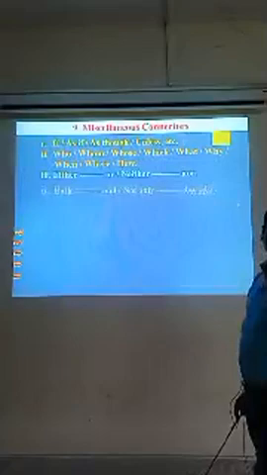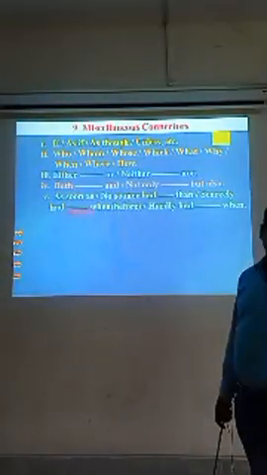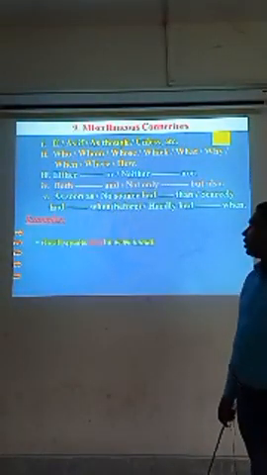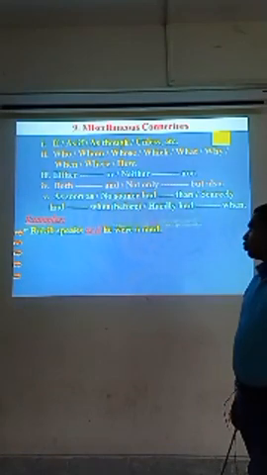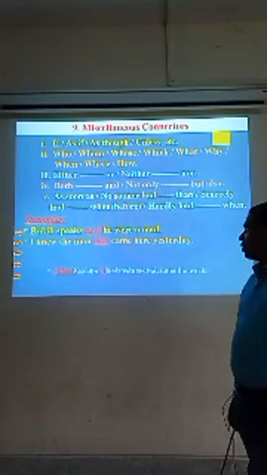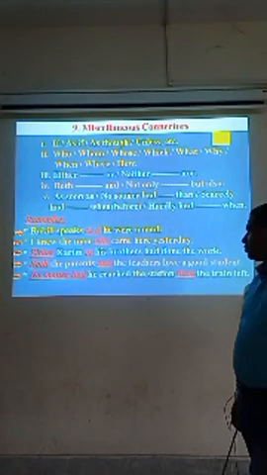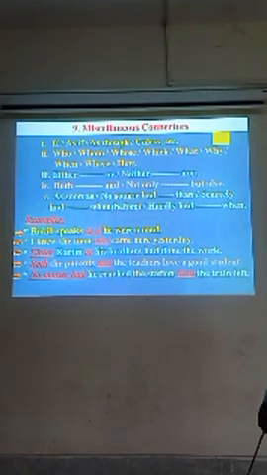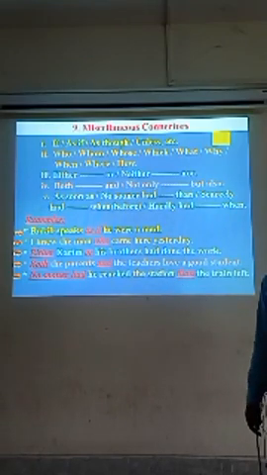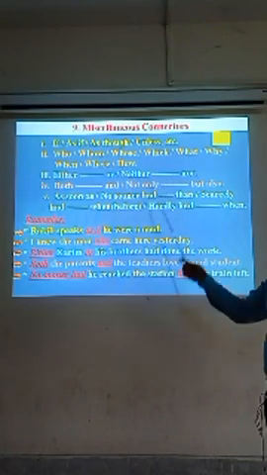These are miscellaneous connectors. You can see examples, all the examples of sentence connectors you can get there. Okay, these are the best examples of these miscellaneous connectors.